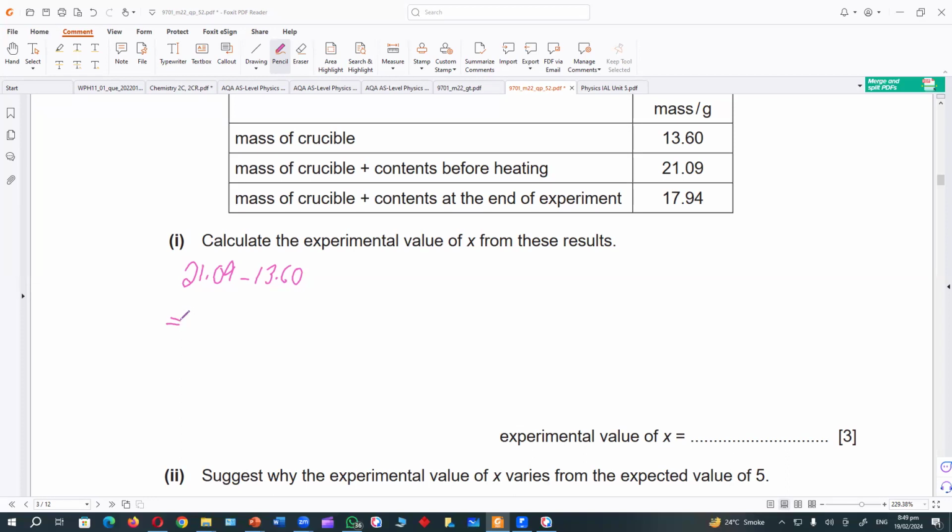Can you subtract it? Yeah, it's 7.49 grams. Okay, now what does 7.49 grams show here in this part?